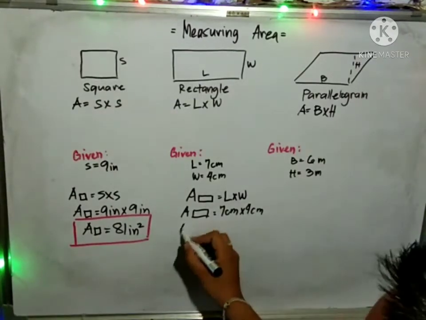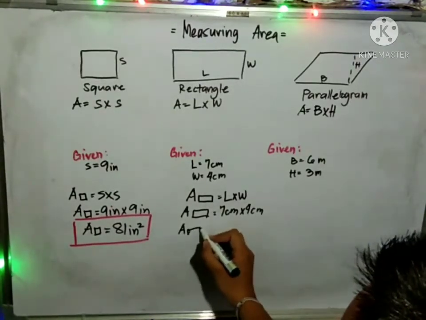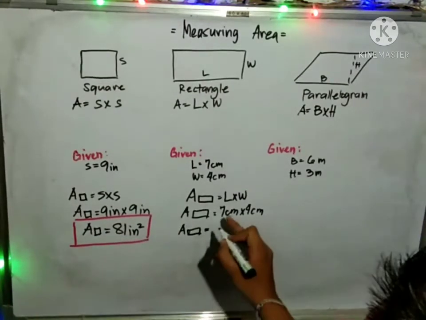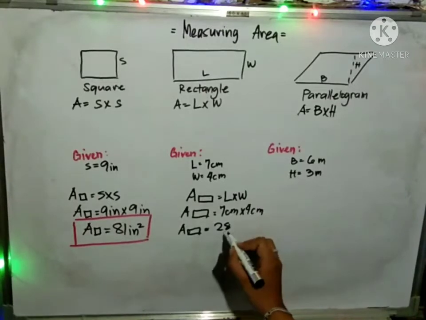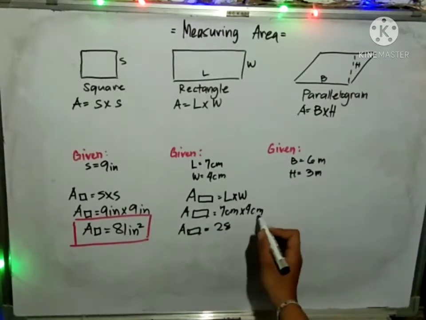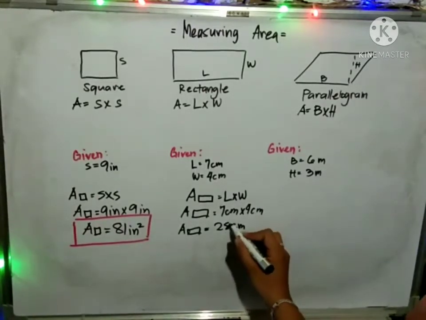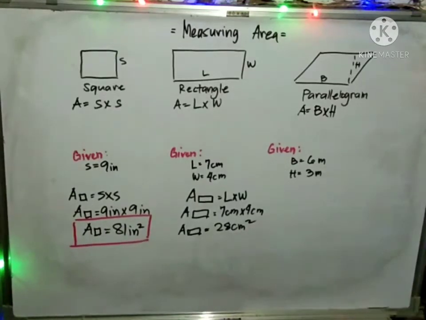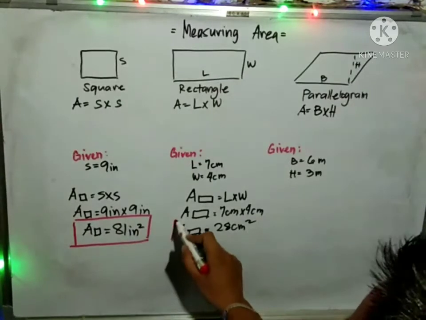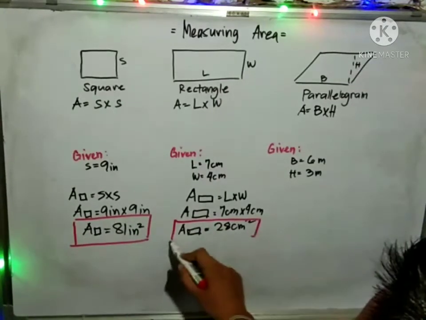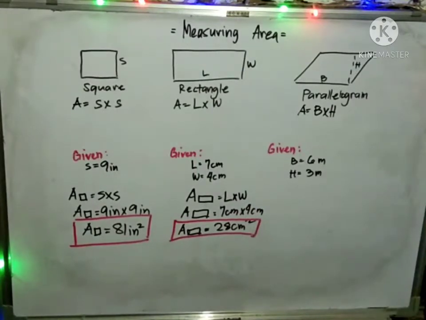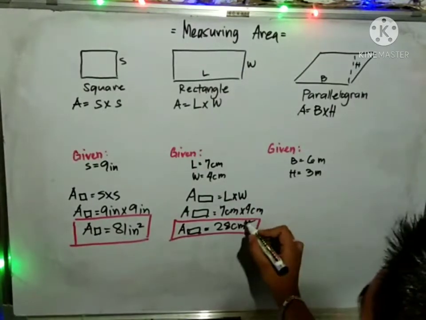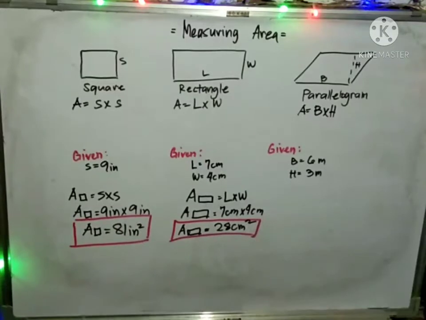Area of the rectangle is equal to 7 centimeters times 4 centimeters. 7 times 4 is 28, and centimeters times centimeters is square centimeters. So this is the area of our rectangle, given that its length is 7 centimeters and its width is 4 centimeters.